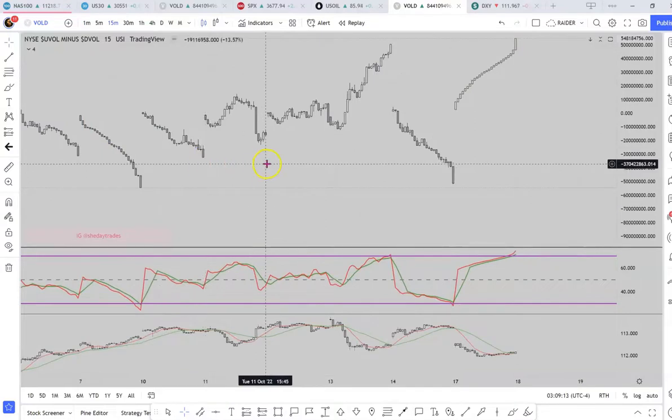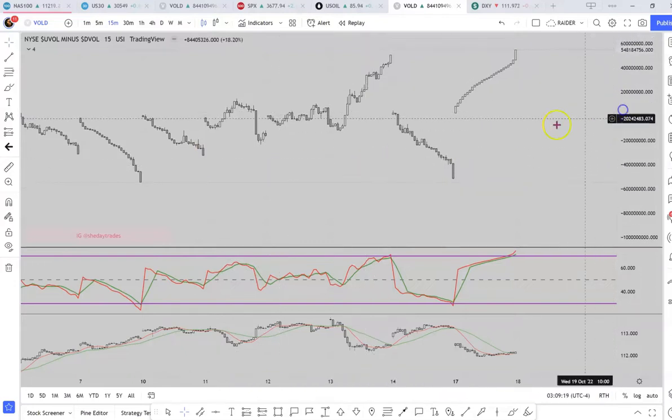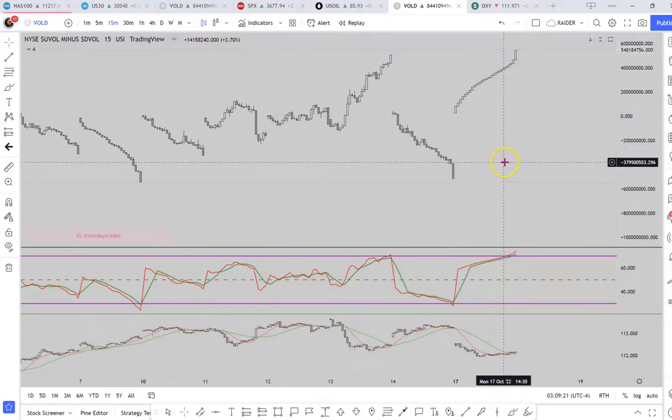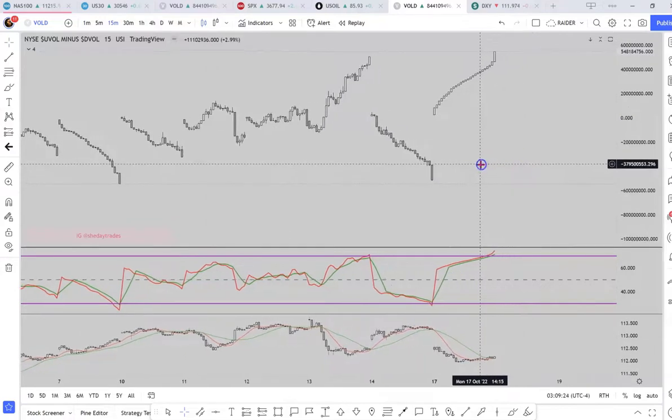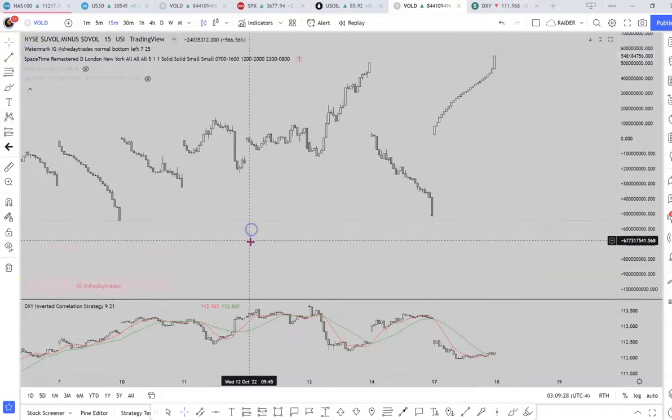It's only from about 9:30, so it's basically the New York session, because it is specifically for the New York session. I believe it factors in stocks or something like that. I'll give more details on that in the future.